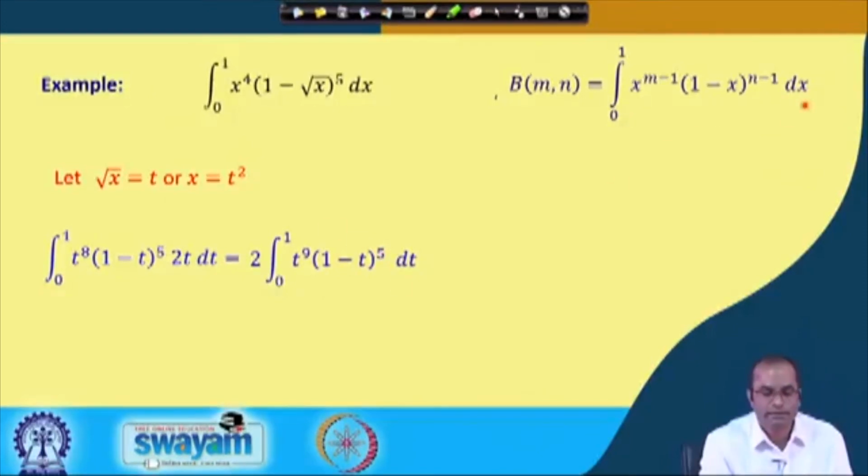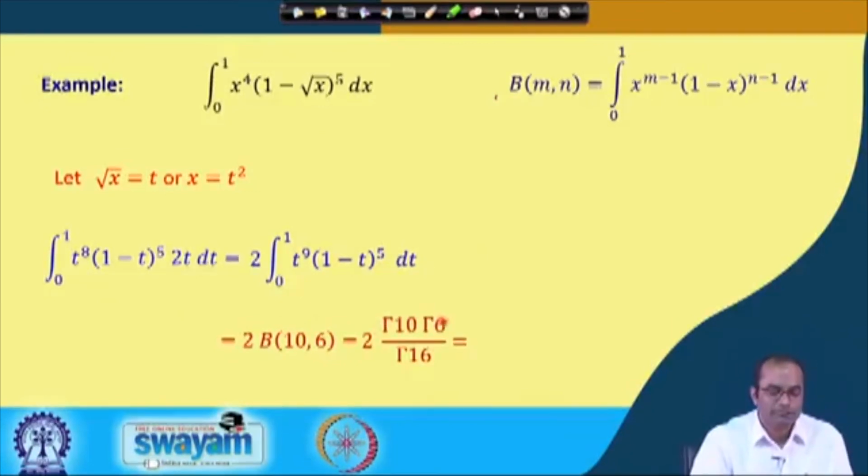So, this is exactly the integral we were talking about in the beta function. We can write this as the beta. Here we have m minus 1 that is 9, that means m is 10, and here n is 6. So, this is 2 times beta 10 6, the arguments being 10 and 6, which we can evaluate now. These are integers here.